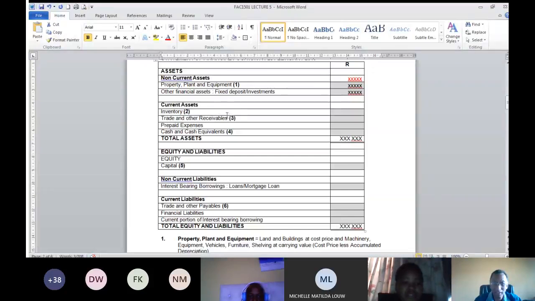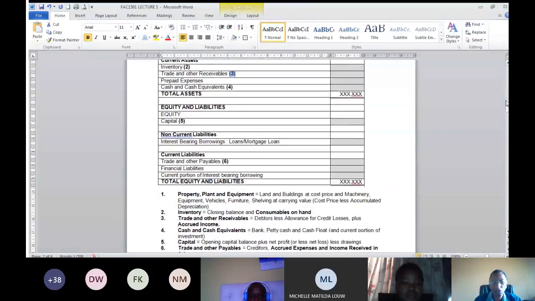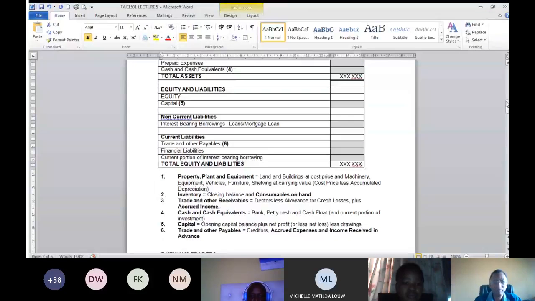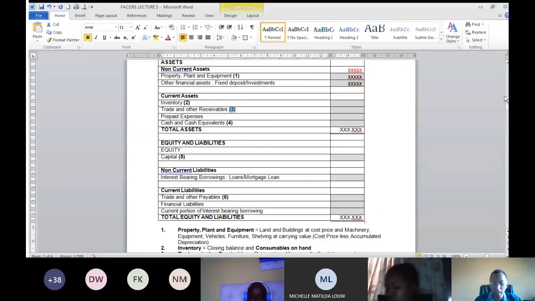Trade and other receivables, guys, will consist of your trade receivables minus your allowance for credit losses plus your accrued income. Now, allowance for credit losses and accrued income are adjustments which will be discussed in our next lecture.